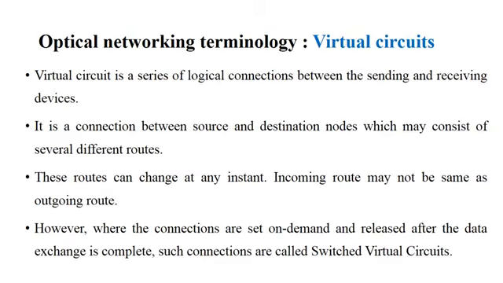Coming to the virtual circuits. Virtual circuits correspond to the logical connections between the sending and the receiving devices. Now how is it going to work? As we discussed previously, between source and destination there is a possibility of several routes, and at any given instant of time one path can be used for the communication between the source and the destination, and in the next instant that path may get changed.